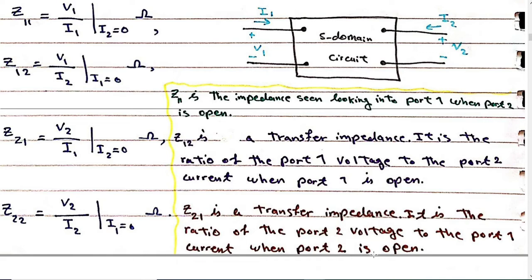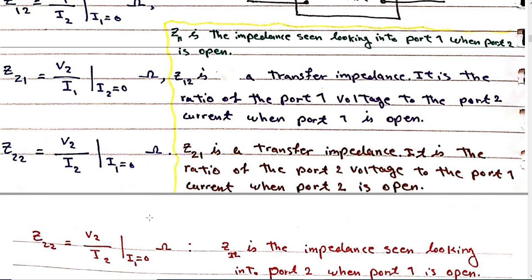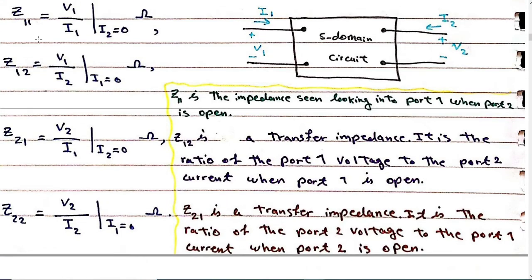The last one is Z22, V2 divided by I2 when I1 is 0. We call it the impedance seen looking into port 2. Why? Because this is V2 divided by I2 when I1 is 0, which means port 1 is open, so I1 is 0.